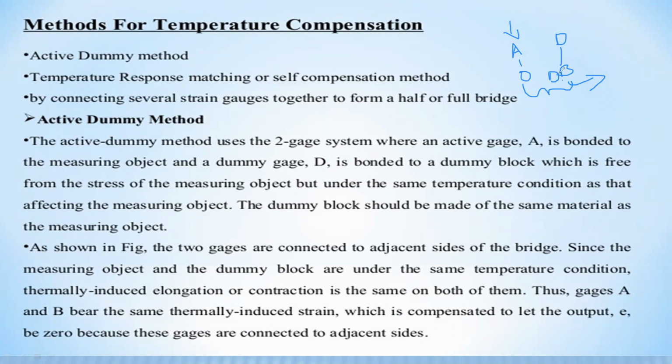Two strain gauges we are using, A and D, the A strain gauge and the D strain gauge, made of only one type of material. We are not taking two different materials for these strain gauges.